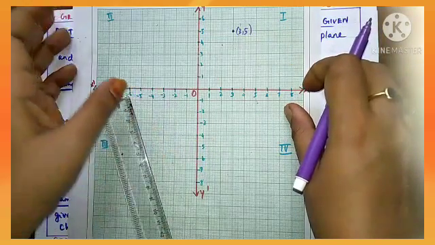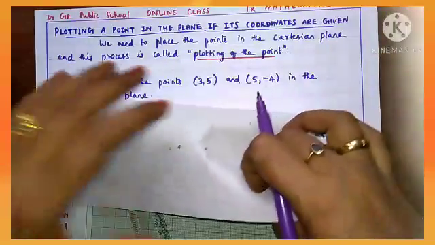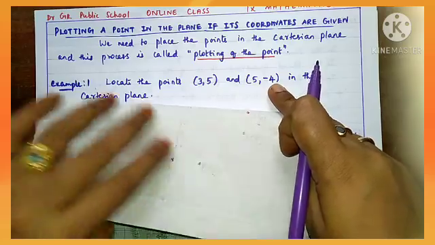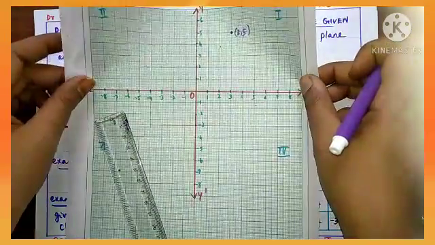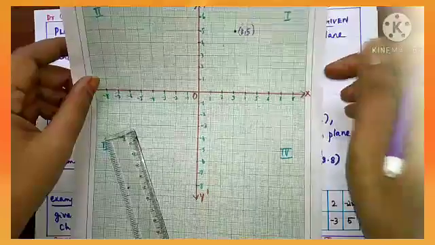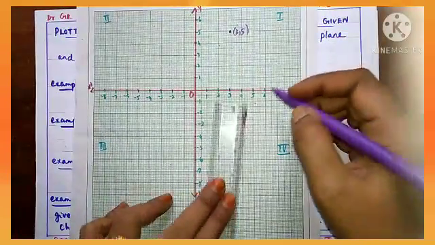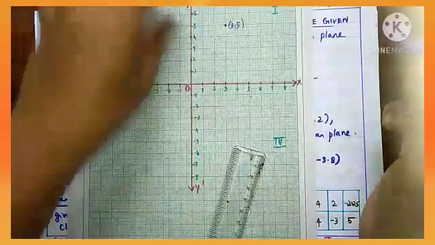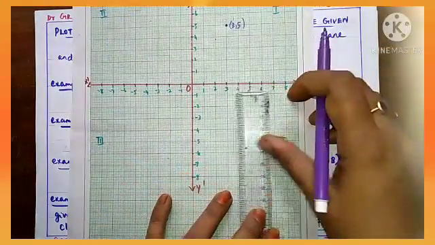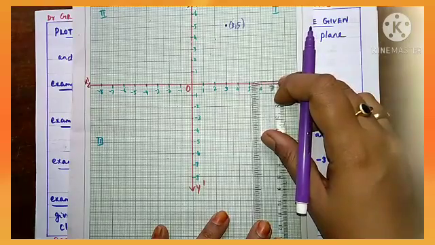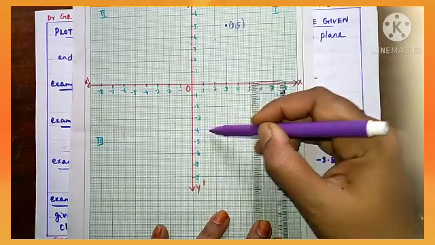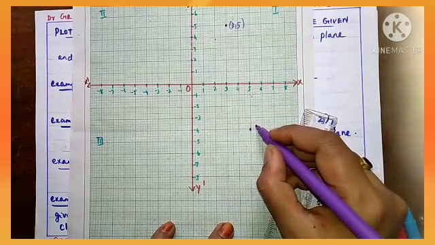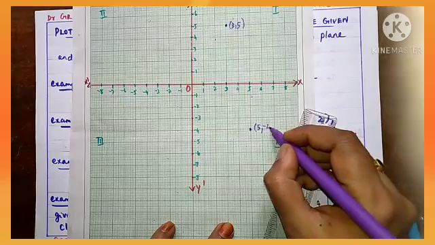So this is our location of (3, 5). Understand? Yes. Now the next point we said was (5, -4). X is 5 positive and y is negative -4, so it will come in the fourth quadrant. So x 5 is here and y is our negative value -4. So this is the required location, the meeting place of the coordinate (5, -4).